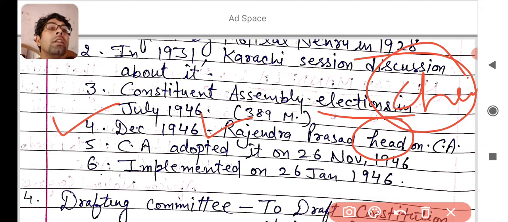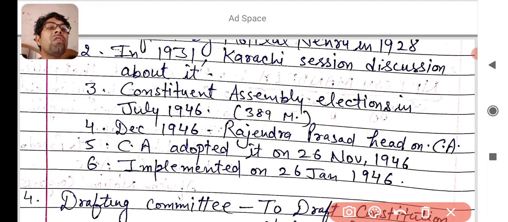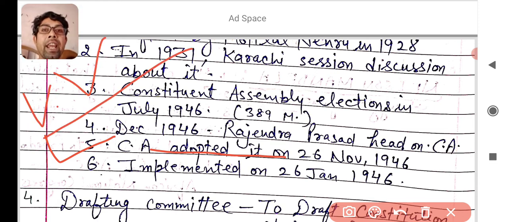And next, the Indian Constitution was prepared or finalized on 26 November 1946, and on that day the Constituent Assembly adopted it. It will be a very important objective type question in the exam and in competitive exams also.